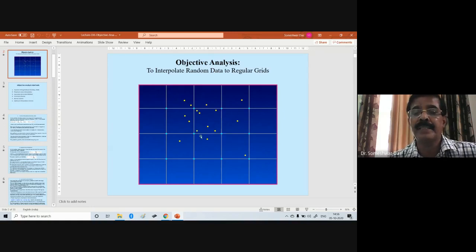Suppose these grid points are each 100 kilometers apart. So we are considering a very big domain. 100 kilometers is nothing; if you have a mesoscale or finer-scale model, we can have the grid size as 10 or 20 kilometers, but earlier the grid size used to be very coarse, 50 or 100 kilometers or so. So how far away from this grid point should we go to consider the observations?